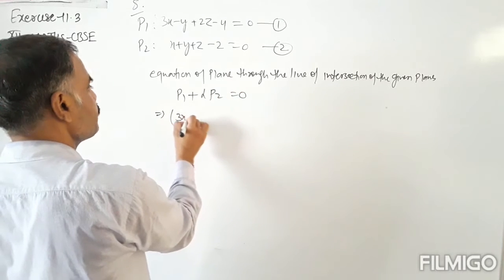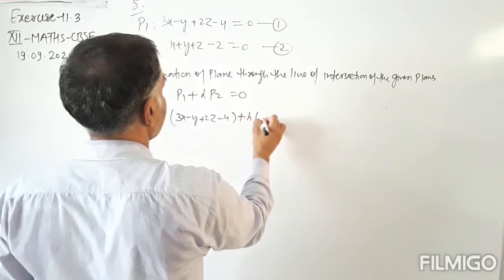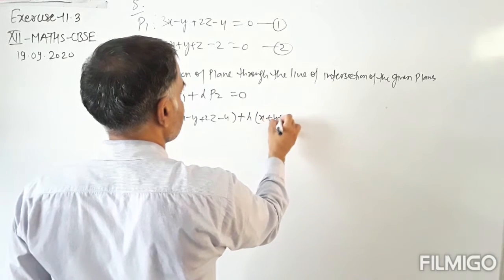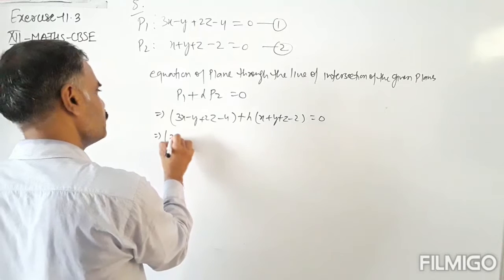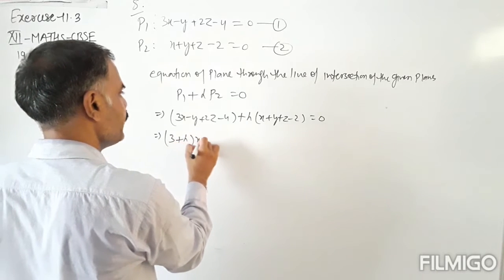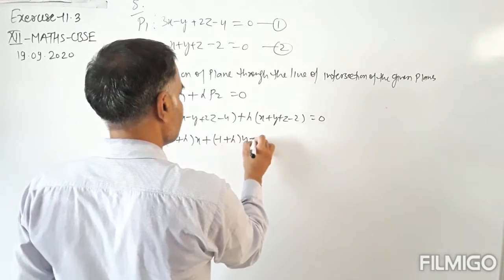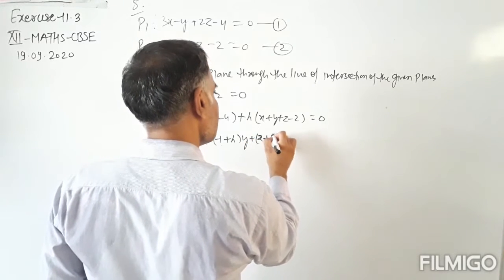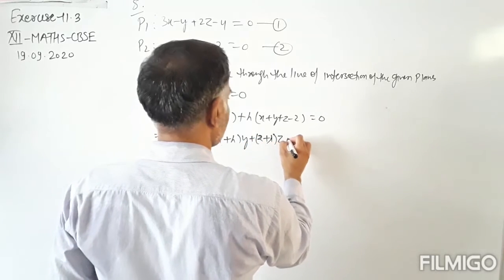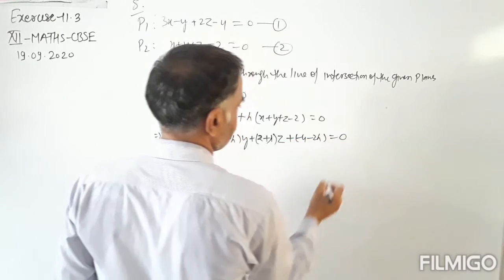Means 3x minus y plus 2z minus 4 plus lambda into (x plus y plus z minus 2) equals 0. So (3 plus lambda)x plus (minus 1 plus lambda)y plus (2 plus lambda)z minus 4 minus 2 lambda equals 0.